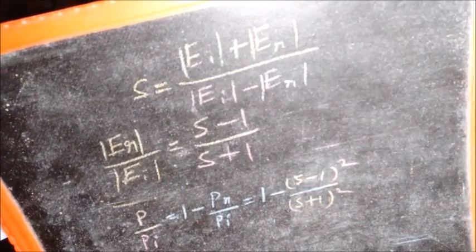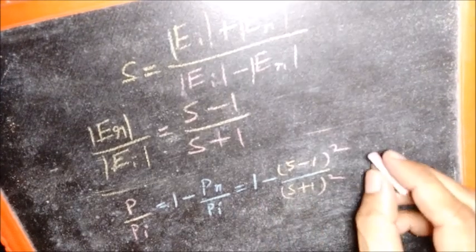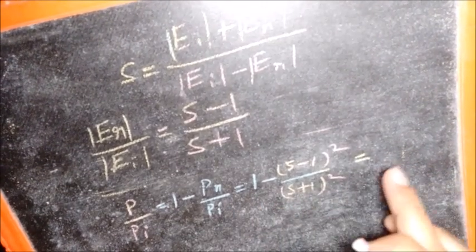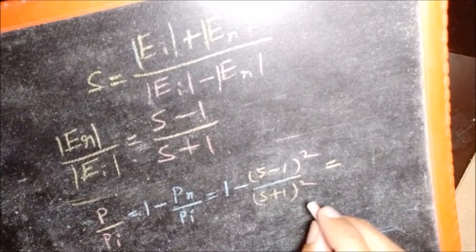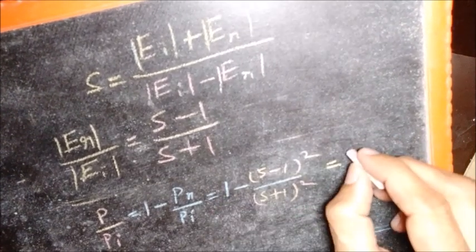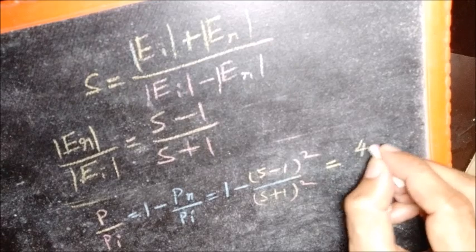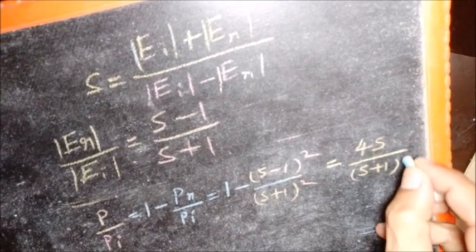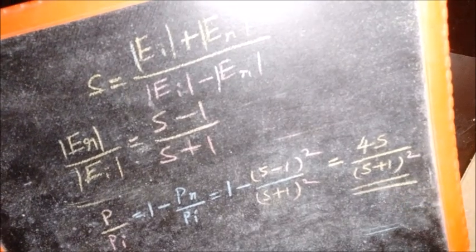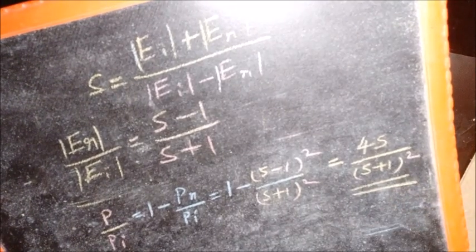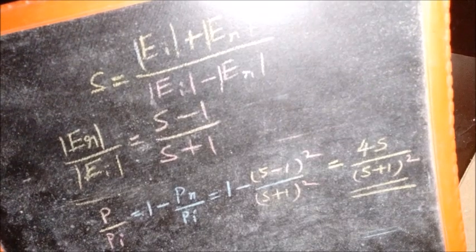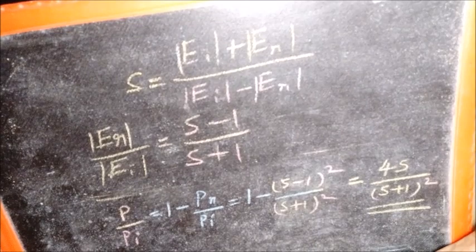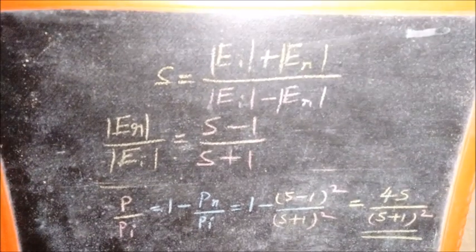This again can be shown to be, I'll not waste time, it's a simple high school level exercise, 4S by S plus 1 squared. So this is the ratio of the power absorbed by the load, or power delivered to the load, to the incident power.